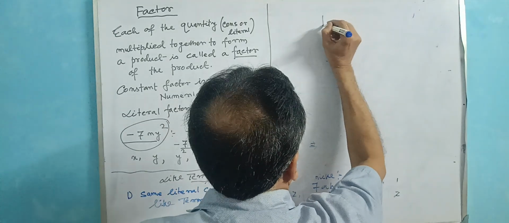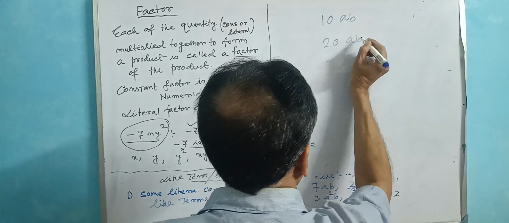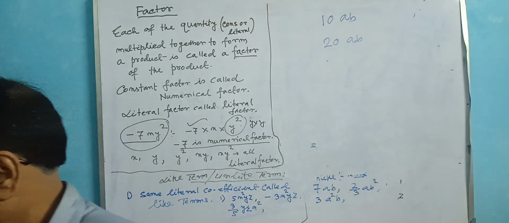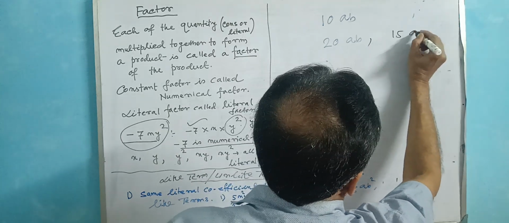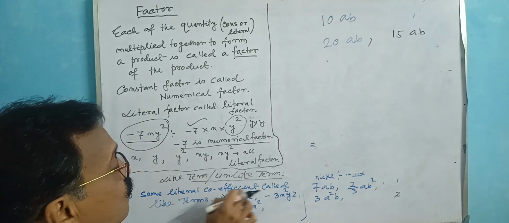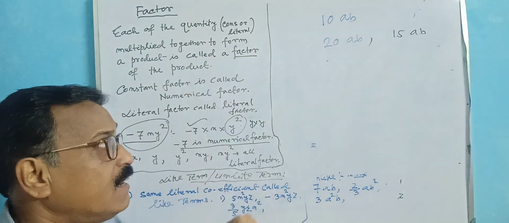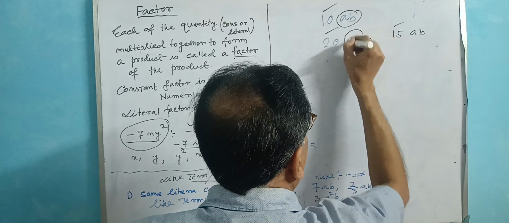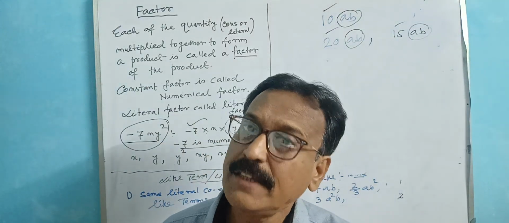Suppose 10 AB, 20 AB, or 15 AB. Same literal coefficient is called the like term. Numerical value is different. Here is 10, here is 20, here is 15. But the main thing is this AB, AB, AB. This is called the like term.